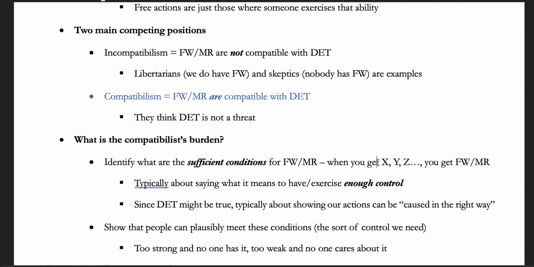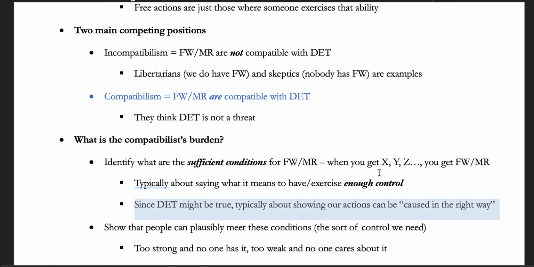When certain things cause your actions or your thoughts, then those actions and thoughts are not controlled, not free or responsible. But when other certain things, whatever they tell us is good enough, cause your actions or your thoughts, or when your actions or thoughts are caused in certain kinds of ways, then that's enough for it to be free or responsible. That's what they're trying to show us.